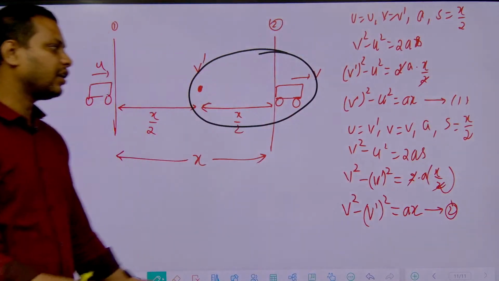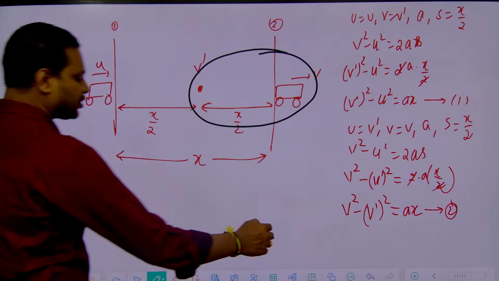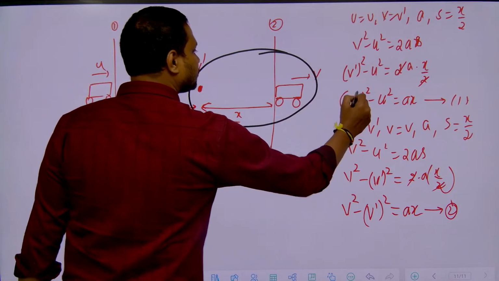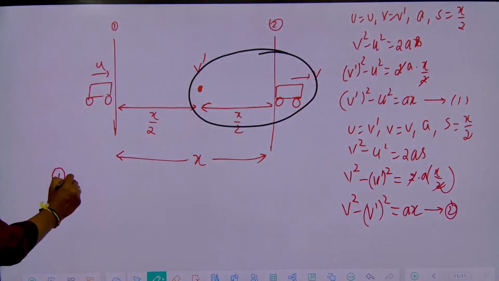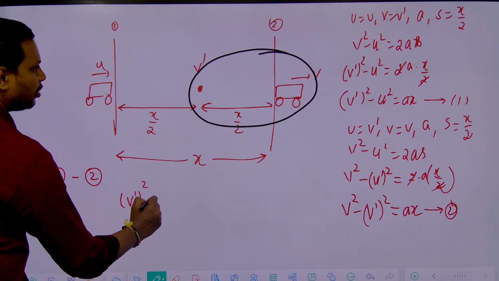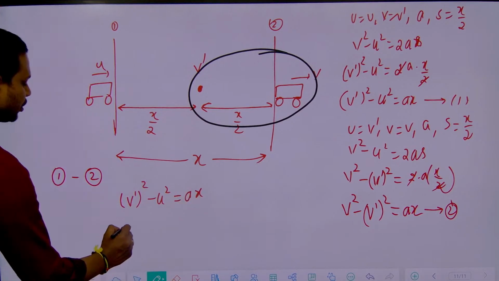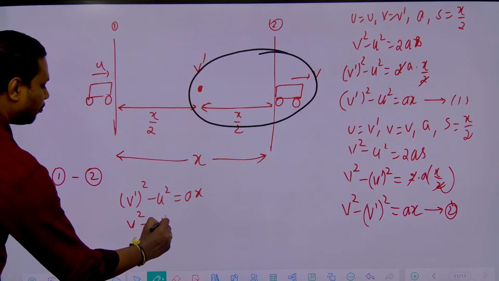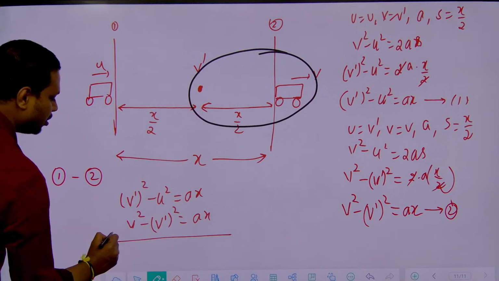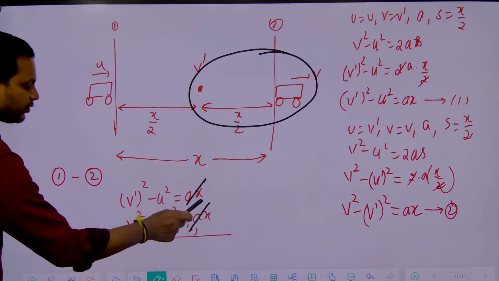Now subtract equation 2 from equation 1. Do subtraction, not addition. So equation number 1 minus equation number 2. Therefore v dash square minus u square is equal to ax, and equation number 2 is v square minus v dash square is equal to ax. Since we subtract, this becomes minus, this becomes plus, and both will cancel.